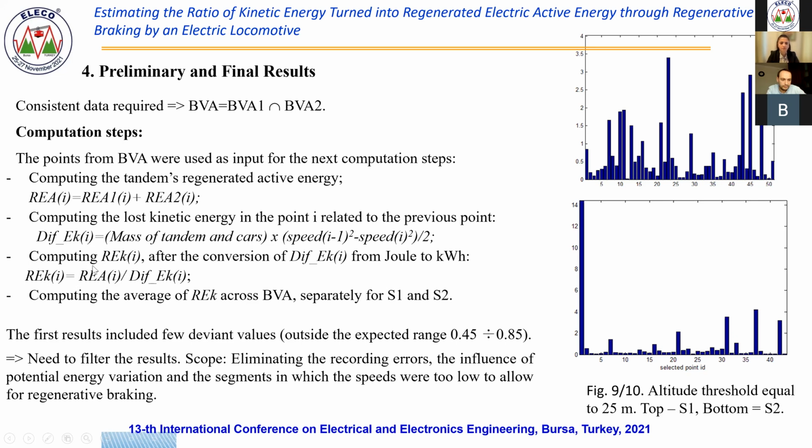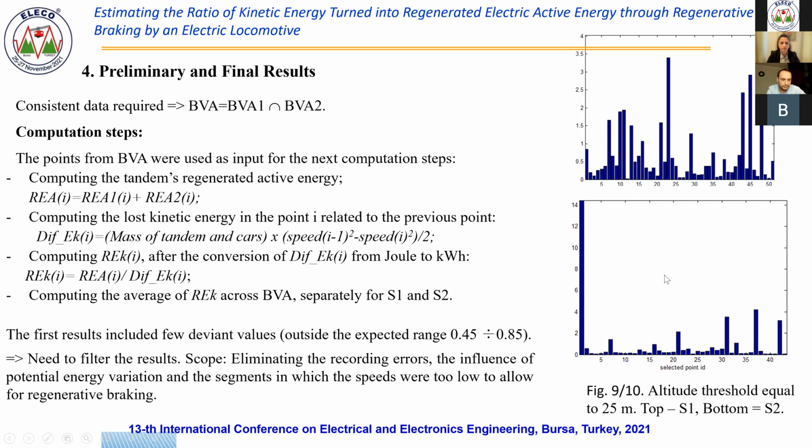Afterward, we compute the ratio of recovered kinetic energy as the ratio between the regenerated active energy and the difference in the kinetic energy, and compute the average of this index across the set, separately for both senses.